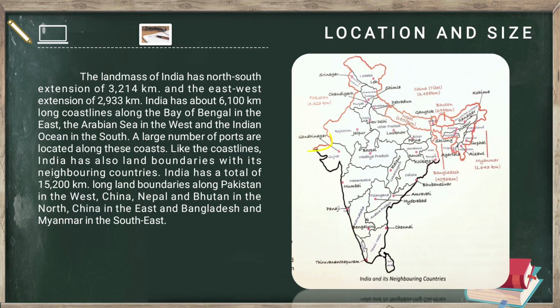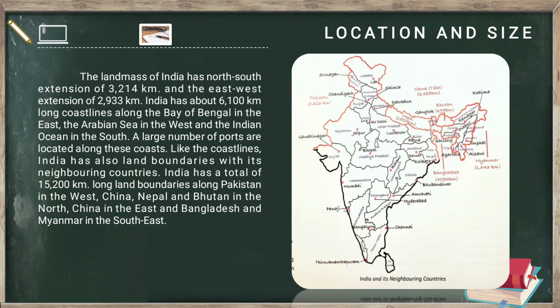This is Gujarat. From Gujarat, we go here, where we have the border with Pakistan. And then if we move further, we have the border, Kashmir. And then here we have a border with Afghanistan.